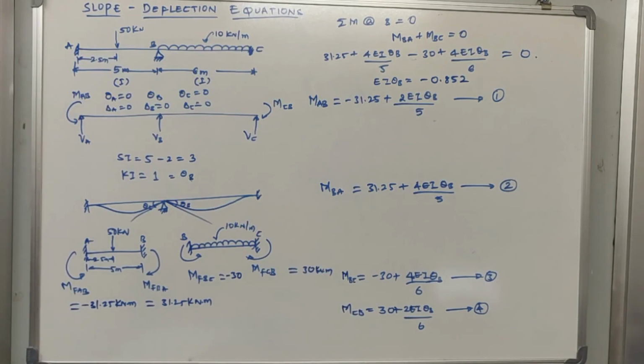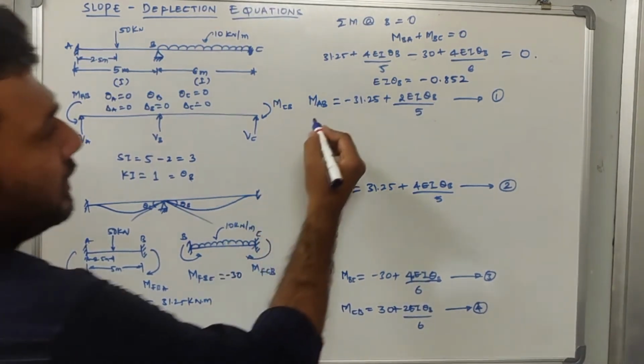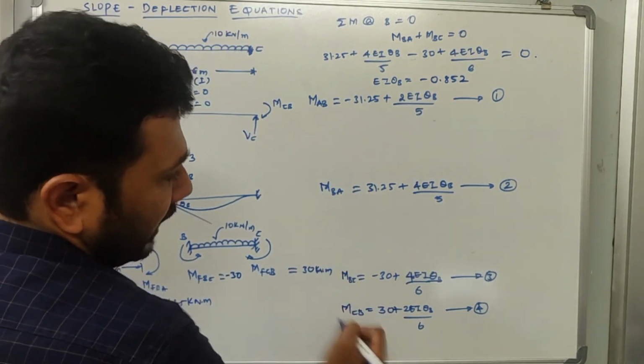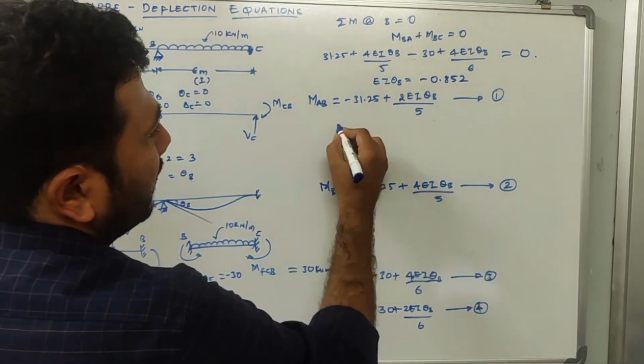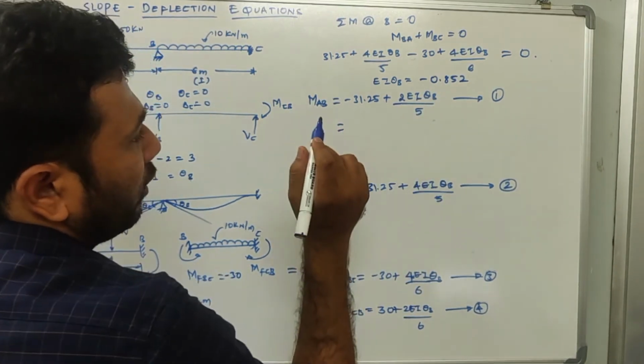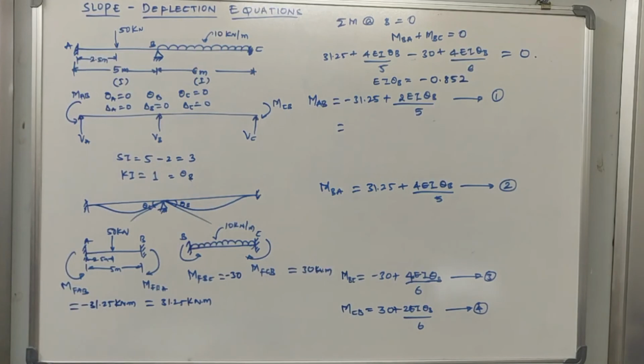Now once we calculate the EI theta B, we can substitute the EI theta B value in the MAB, MBA, MBC and MCB equations. Solve one by one. First let us go for MAB.